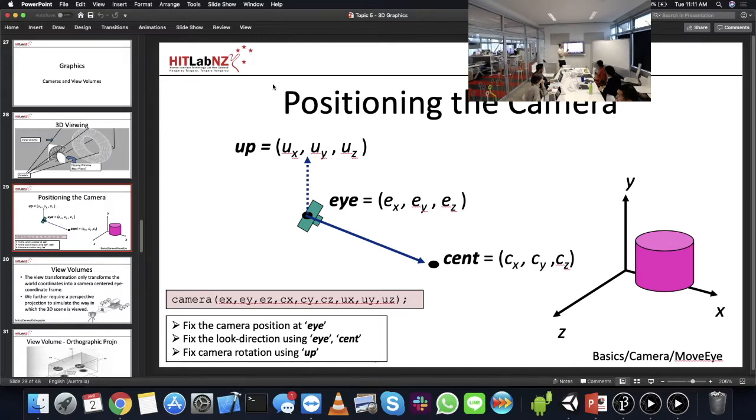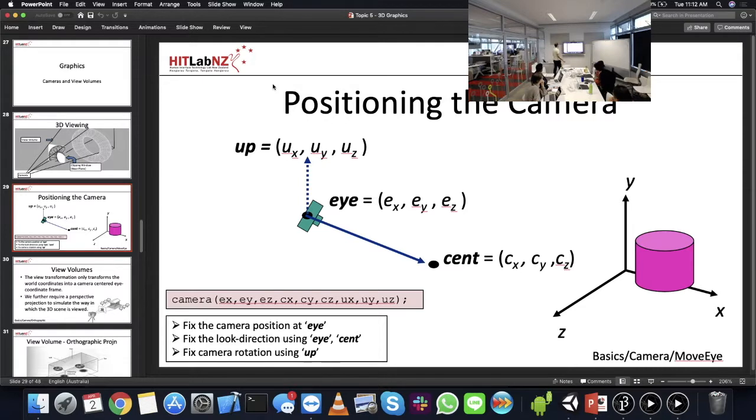Or I could say 1, 0, 0, which is 1 in the X dimension, which means I am holding the camera that way. Really all the up value tells us is whether my camera is pointing that way or that way. You can obviously set this in other ways, to position the camera in weird shapes.